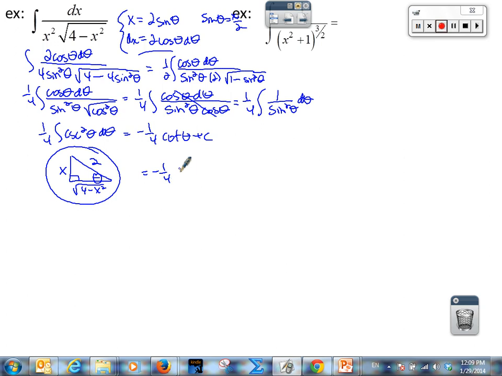So it is the square root of 4 minus x squared over x plus c. And we can just pretty it up just a little bit. Not very much. Just negative square root of 4 minus x squared over 4x plus c. And now we're done. Yes?